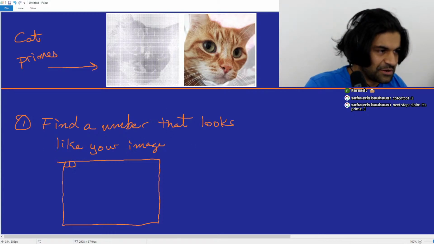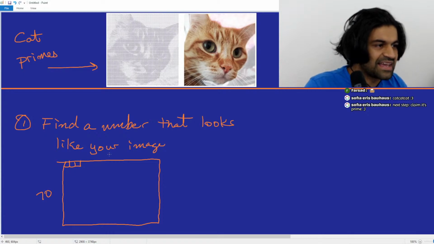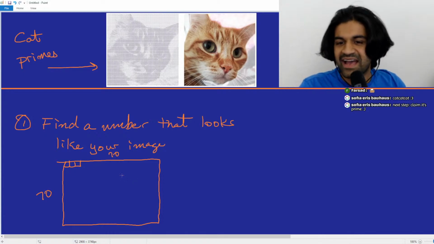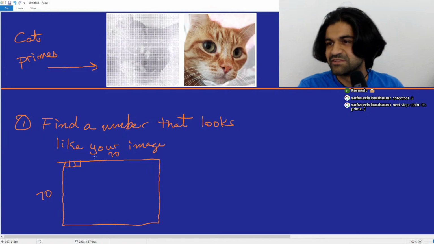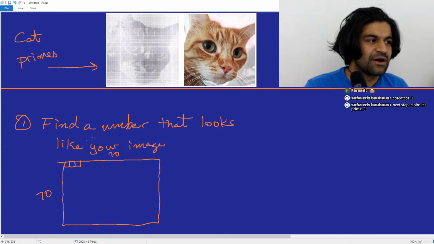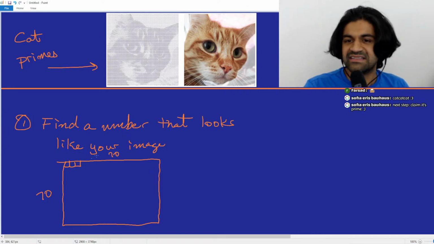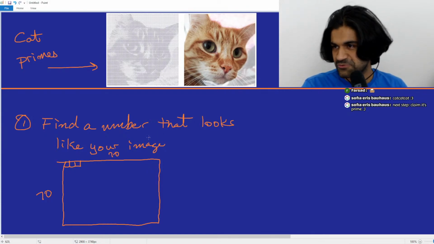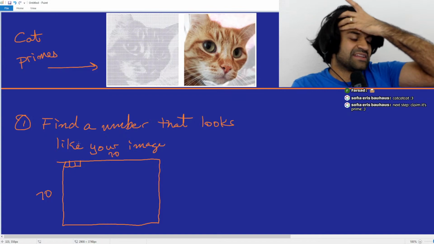In my case, it was a 70 by 70 grid, so you figure out the brightness and the darkness of each pixel. The way Mathematica gives this output is a number between 0 and 1. 0 means basically black, 1 means white, and a number between 0 and 1 is anything in between.